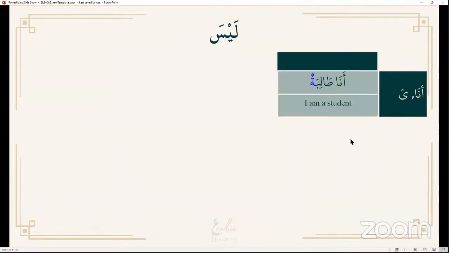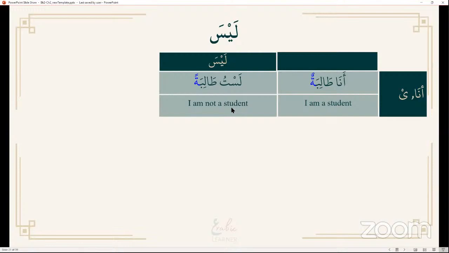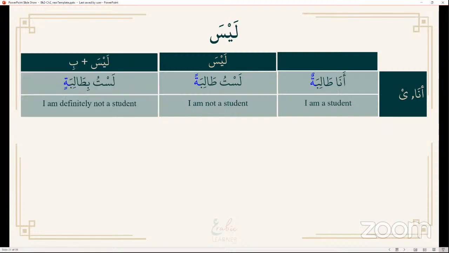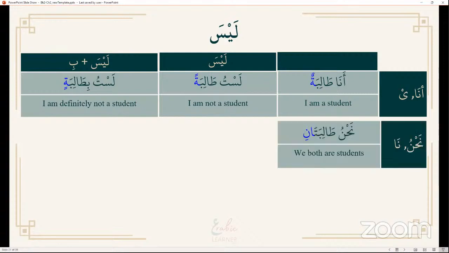Feminine form now, for ana. Ana talibatun. Lastu talibatan. Good. B sentence. Lastu bi talibatin. Nahnu talibatani.